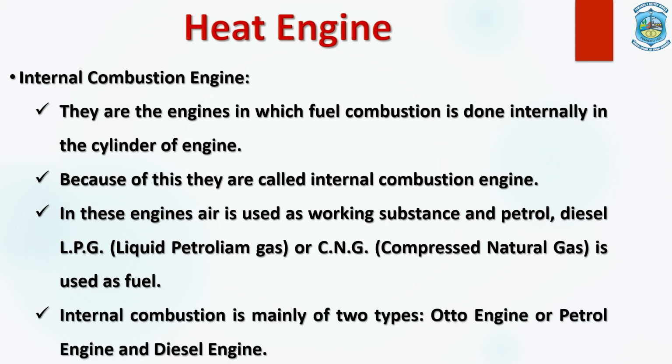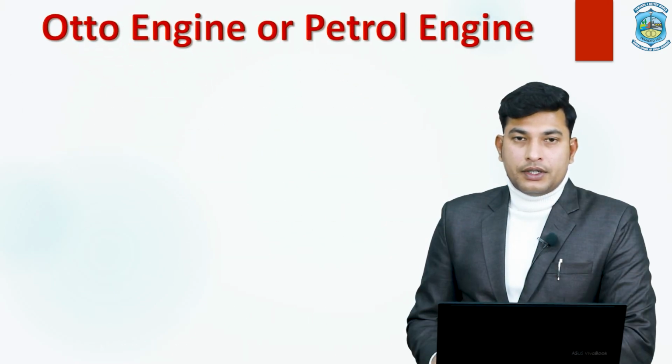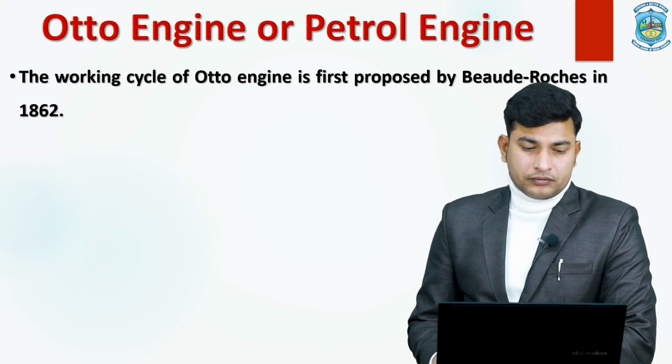This internal combustion engine basically has 2 types: the auto engine or petrol engine, since we are using petrol as the input fuel, and the second one is the diesel engine, in which we use diesel for the burning process. Since today's topic is dedicated to the petrol engine, we will focus on it in detail. The diesel engine we will discuss in the following lectures.